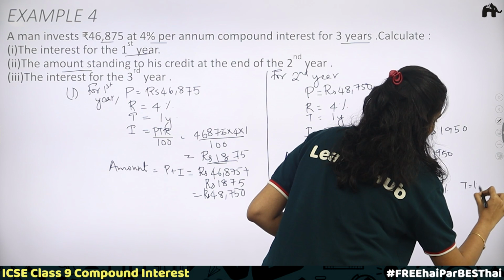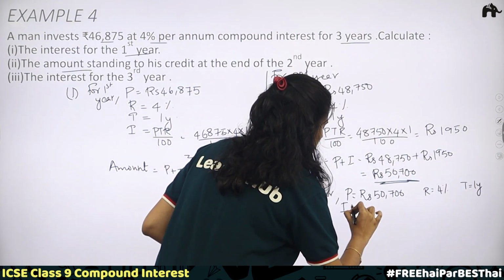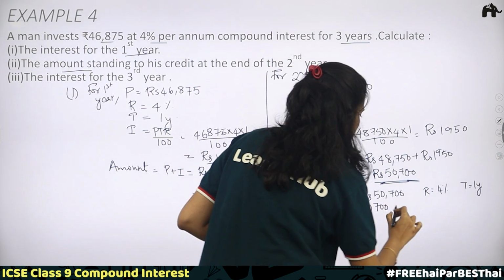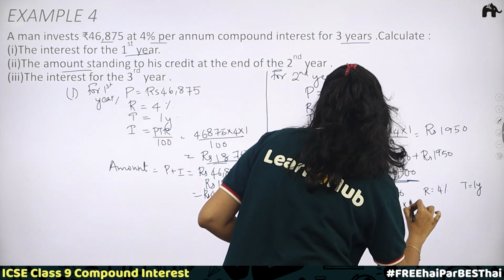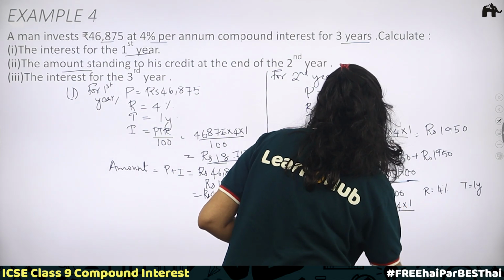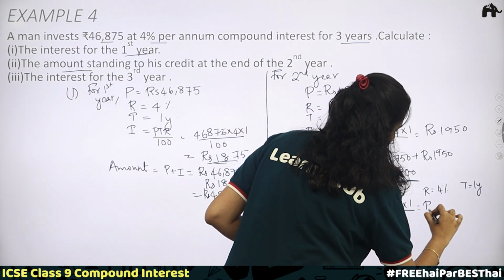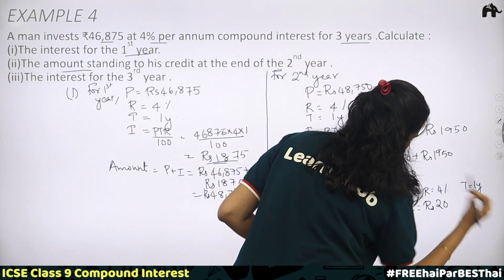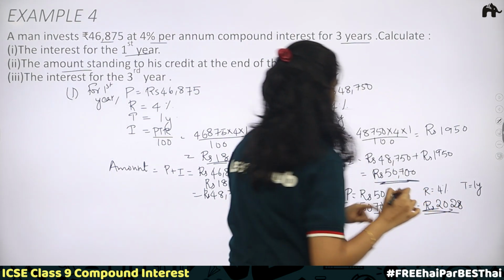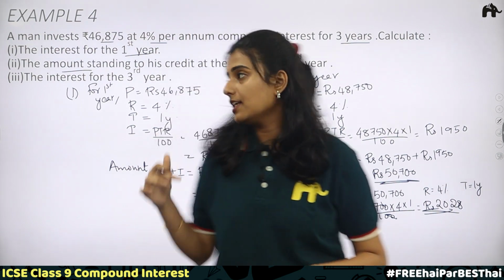Time will be 1 year. Then the interest will be equal to PTR by 100, 50,700 into 4 into 1 whole divided by 100. Zeros get cancelled. So when you calculate, you will be getting rupees 2,028.